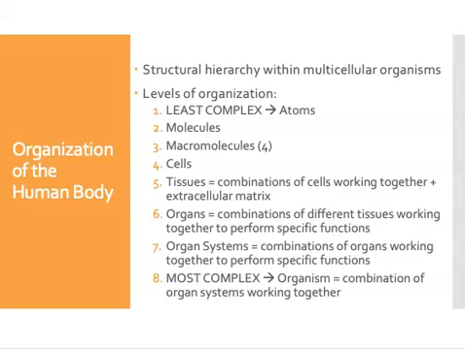If we go up one level of complexity from the macromolecule, now we're at the level of the cell. Cells sometimes come together to work as a group. So a combination of cells that work together is what we refer to as a tissue.